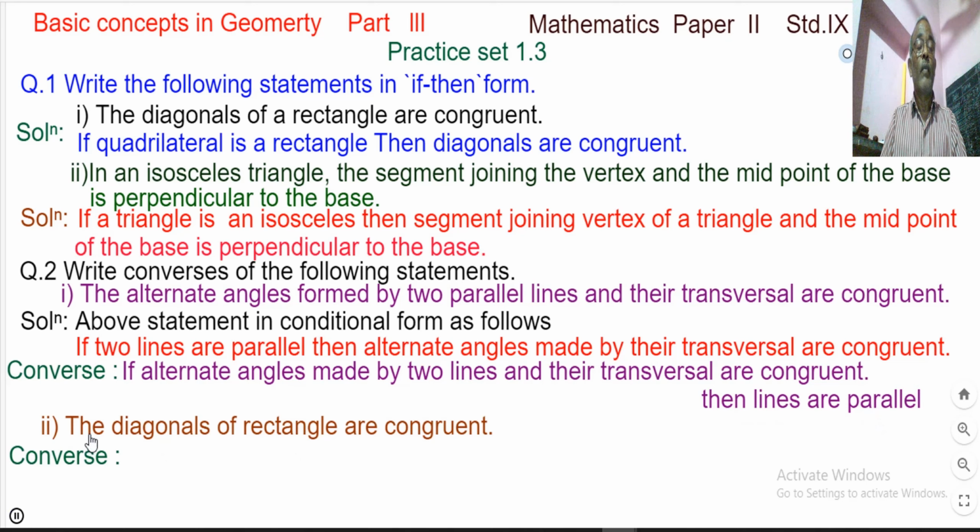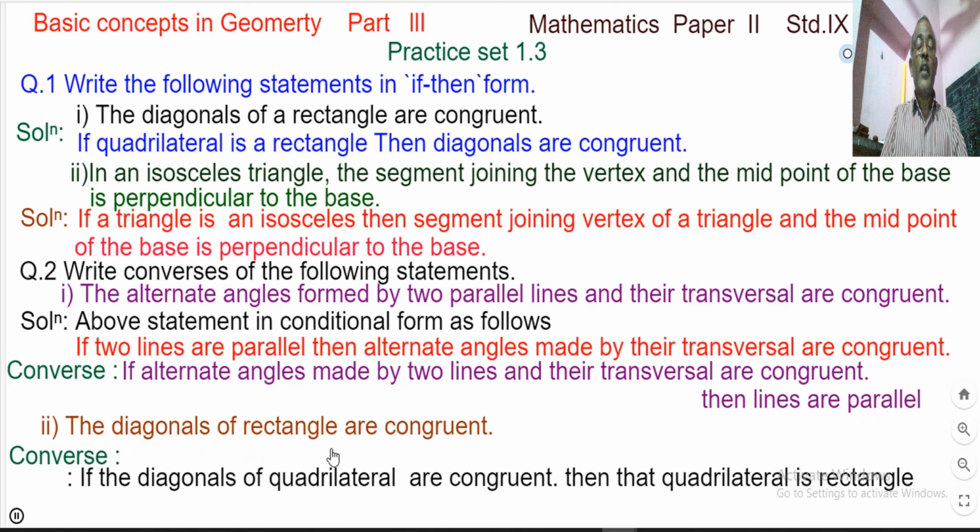Second, the diagonals of the rectangle are congruent. First, you convert this in the conditional form and then convert in the converse form. Its conditional form: if quadrilateral is a rectangle, then diagonals are congruent.